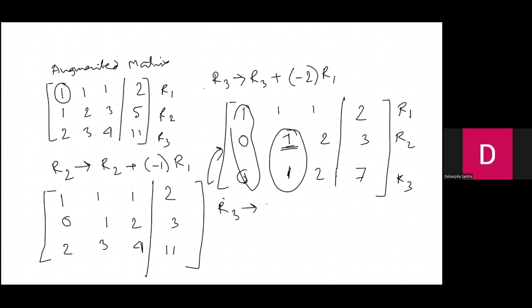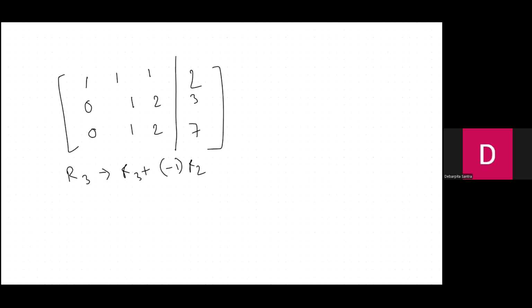Column 1 is finished. Now you just concentrate on column 2. So row 3 is equal to row 3, this should be 0, row 3 plus minus 1 into row 2. Now we are doing it with row 2. So what will be our new matrix? Just let me do it. So you see that I have written it in a fresh way.